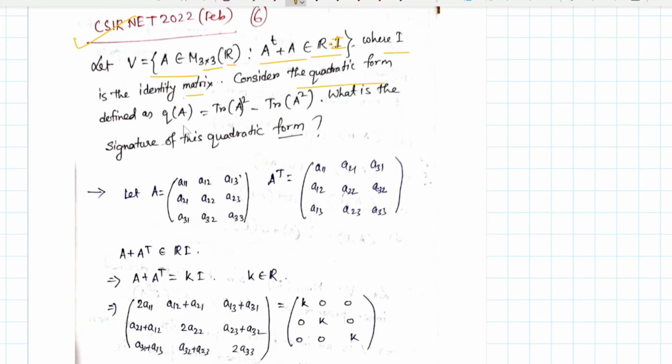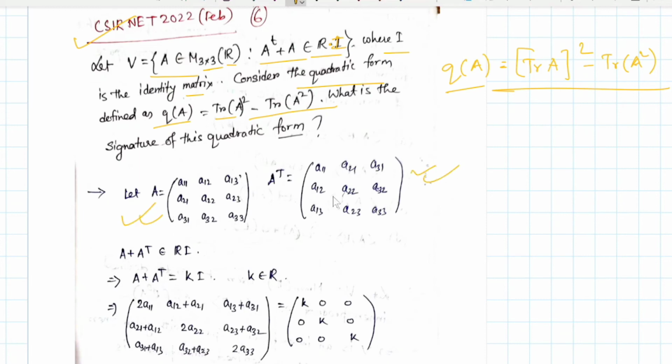Consider the quadratic form defined as Q of A equal to trace of A whole square minus trace of A square. This is the given quadratic form. Here there is no condition given on A, therefore we just consider the matrix A in a general form, this one.